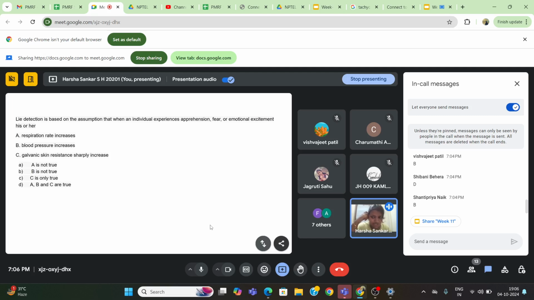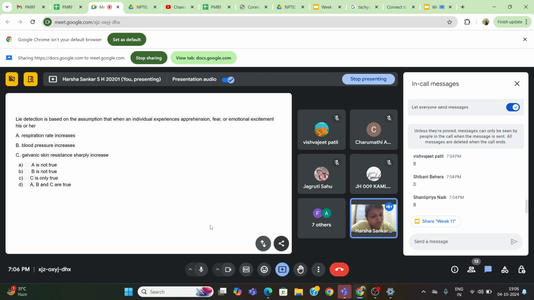Lie detection is based on the assumption that when an individual experiences apprehension, fear, or emotional excitement, respiration rate increases, blood pressure increases, galvanic skin resistance sharply increases. So A is not true alone, B is not true alone, C is not true alone; A, B, C are all true.